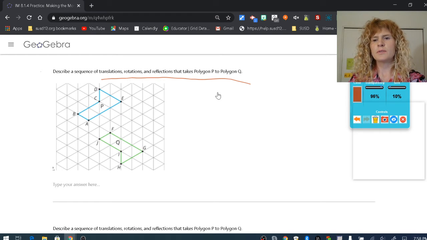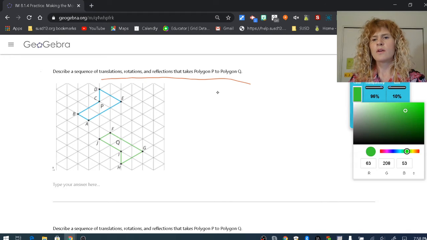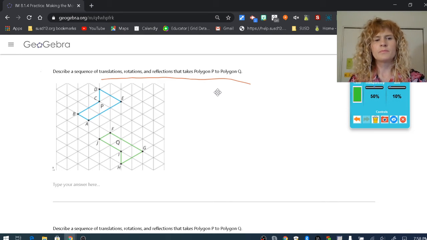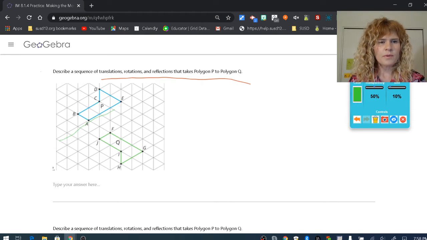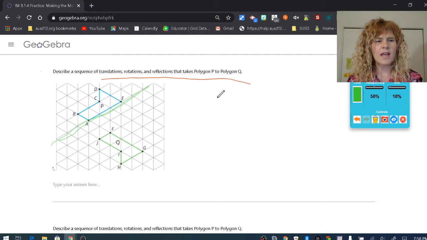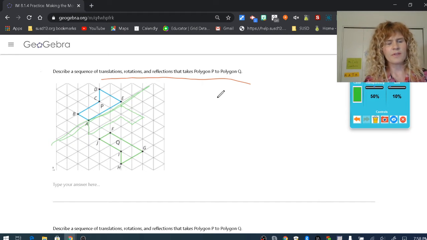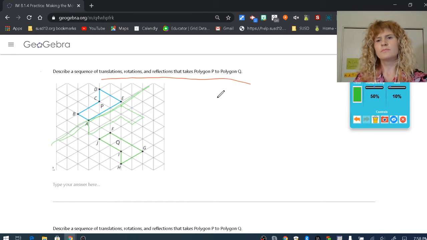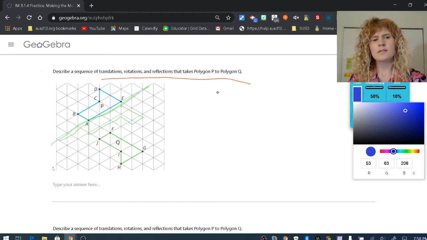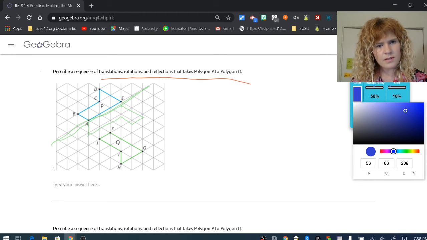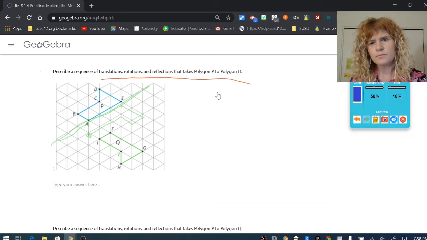Here's what I would do. First, I would have a reflection across line AE. If I reflected there, the image would look something like this. There's the reflection. Next, I would translate. This is B prime right here.